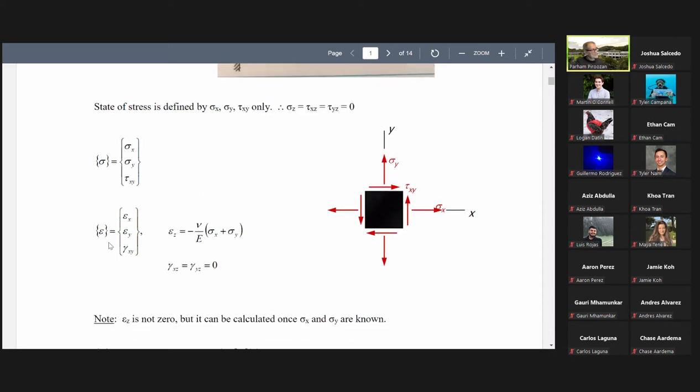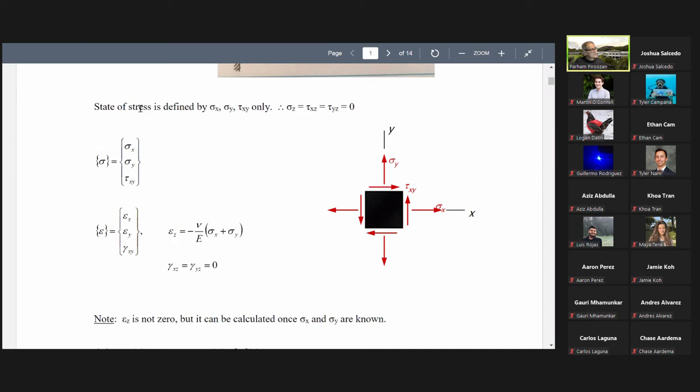Epsilon stands for what? Anyone? Strain. Epsilon x is normal strain in the x direction. Epsilon y is normal strain in the y direction, and gamma xy is shear strain. These are the components of strain we have. We have also epsilon z. It is plane stress. Doesn't mean plane strain.